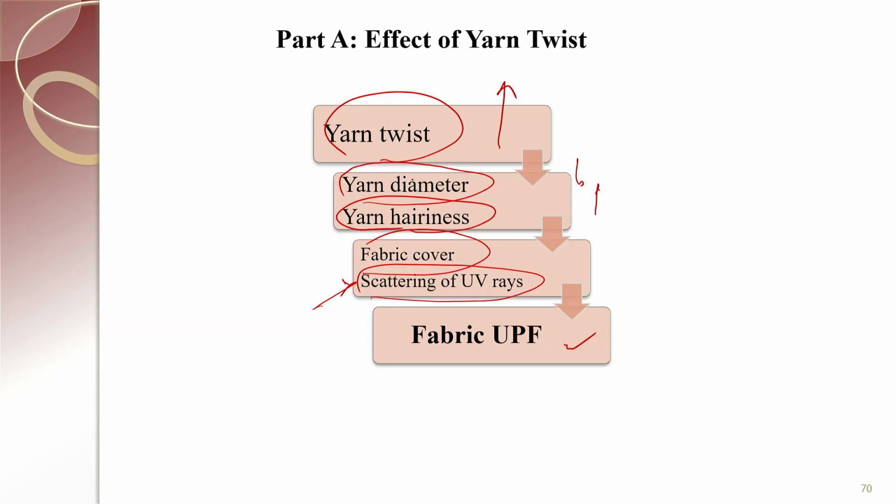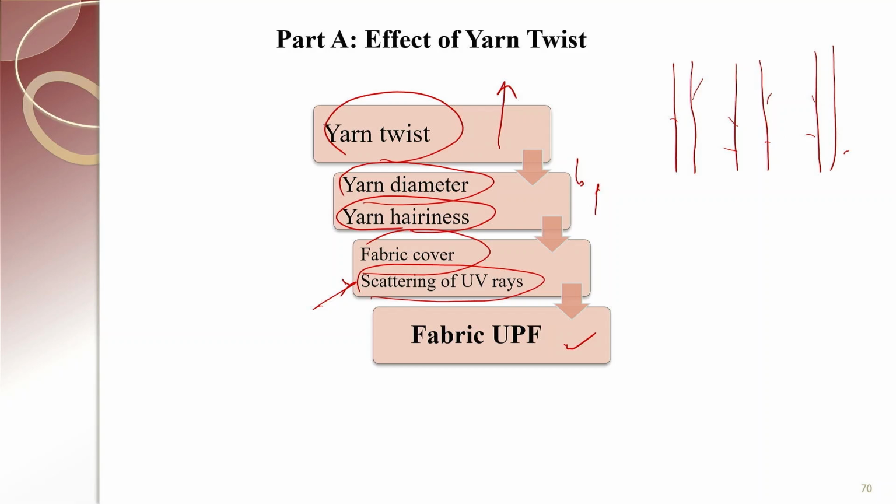When yarn is low twisted, yarn diameter will be more, and at the same time hairiness will be less.